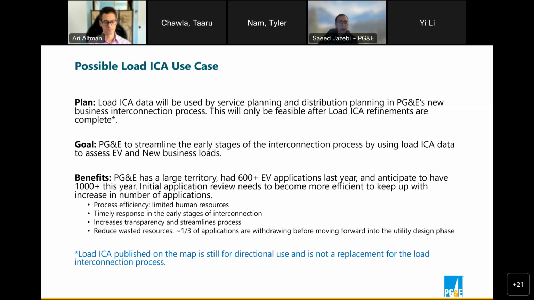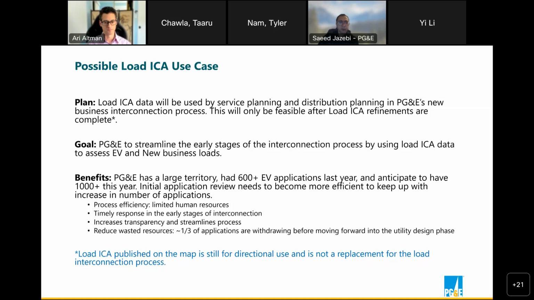As you know, PG&E has a large territory, so we had more than 600 EV load applications last year, and we anticipate more than 1,000 this year. It's just for EV loads. And with that, the initial application review needs to become more efficient to keep up with the increase in the number of applications.